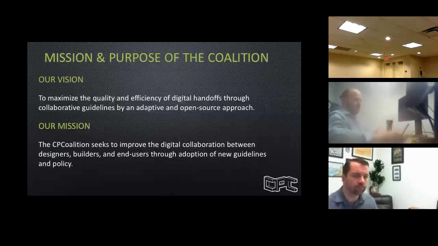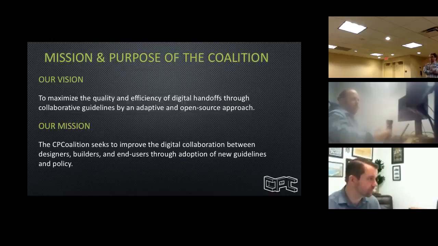I'm going to start with the mission and the purpose. Interestingly enough, there has been quite an evolution of the Construction PDF Coalition, but the vision and mission really has not changed, surprisingly, which is to maximize the quality and efficiency of digital handoffs through collaborative guidelines and adopting an open source approach. Very much the same way that Building Smart supports IFC and Open BIM, we're saying, hey guys, if you didn't notice, in 2008, PDF became an ISO open standard.